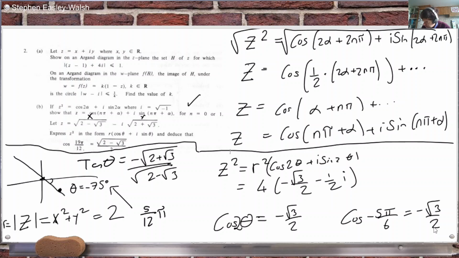Okay. Yeah, that's right. So we need to get to 19 pi over 12. I think we can get there, but I need to make some space.